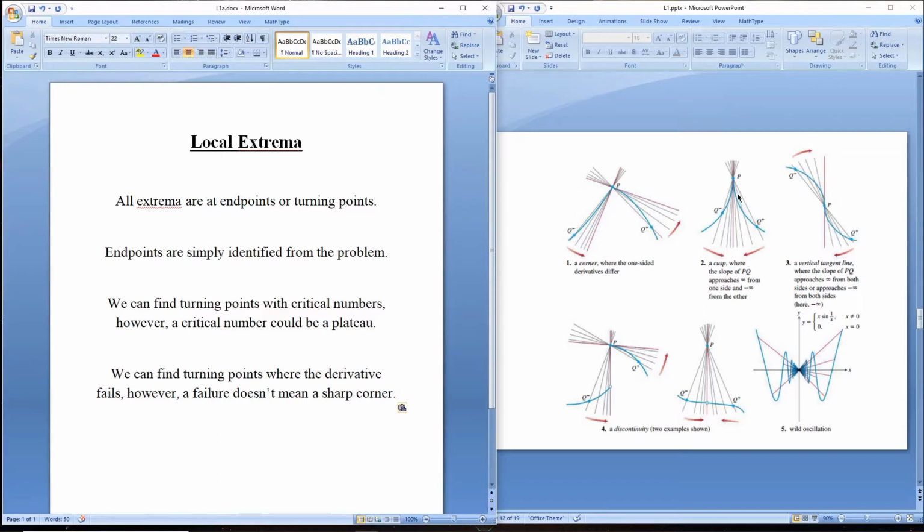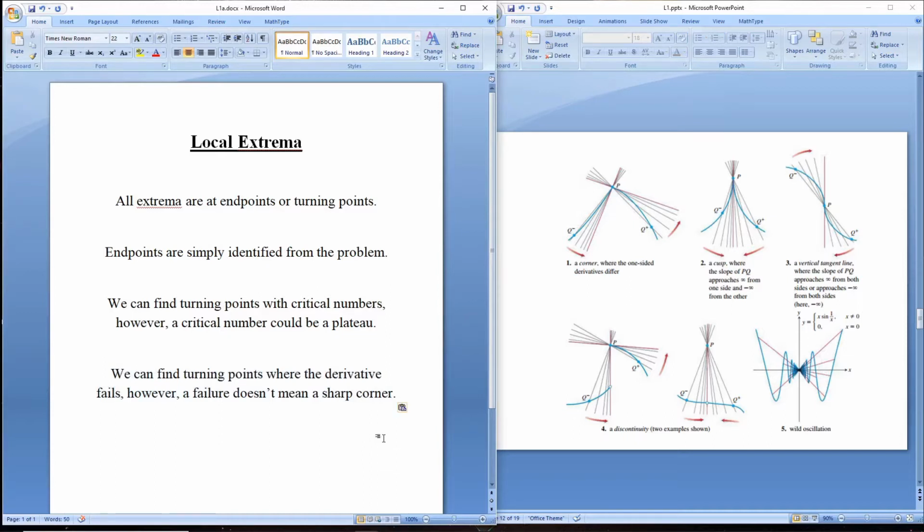And so again, we have to investigate. So it's the same deal. When we do the derivative equals 0, we have to investigate if we have a plateau or not. And then when we look for where the derivative fails, we again have to investigate to see if indeed we do have a sharp corner.